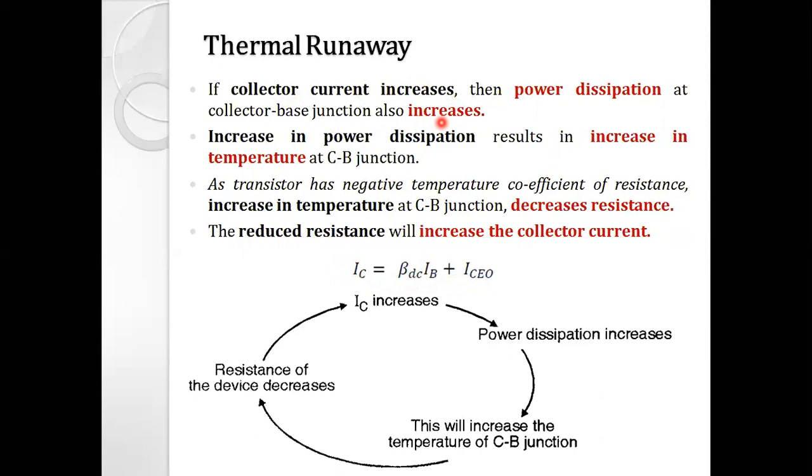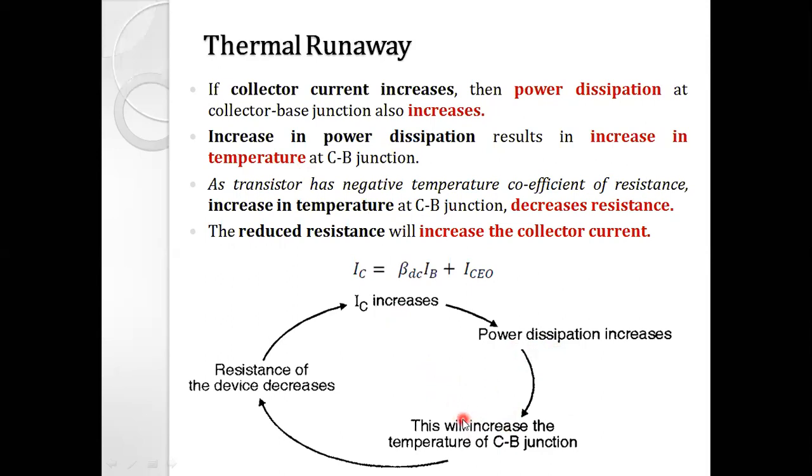So if output current increases, then the power dissipation obviously increases. And if the power dissipation increases, then this will give rise in the temperature at the collector base junction. So we can say that if collector current increases, that means there is increment in the temperature at the collector base junction because of this increment in the power dissipation.